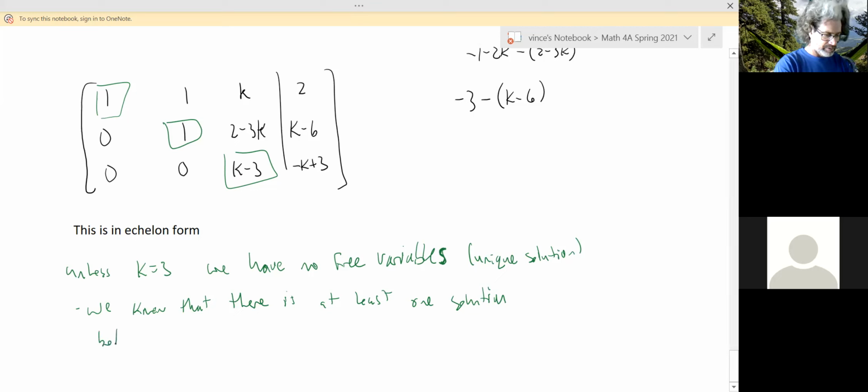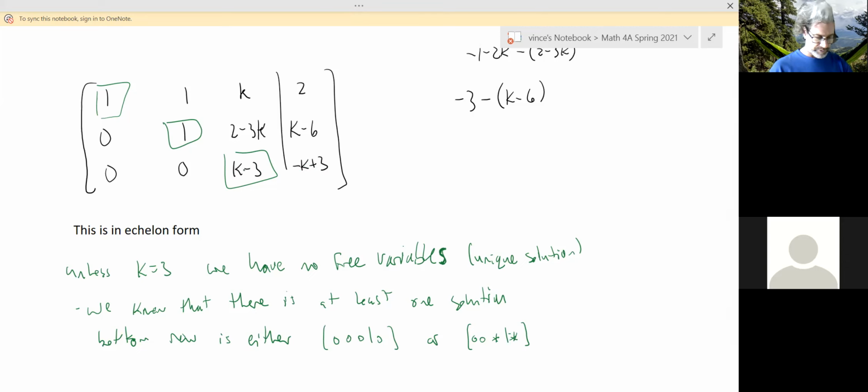Our bottom row is either all zeros or it's 0, 0, and some number, in fact a negative number. All right. So the entry on the augmented side there is exactly the opposite of what I've got in the box there, the k minus 3. Those two are either both 0 or neither of them are 0.